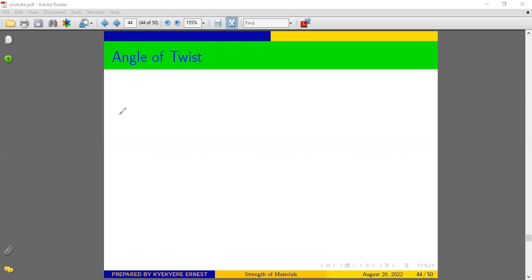So we said that if I have a circular member like this, which is subjected to a twisting force at the ends, which are opposite to each other, and for that matter forming a couple. So we stated that if I pick whatever is here and I analyze the circular section, every portion is going to maintain the circular portion.